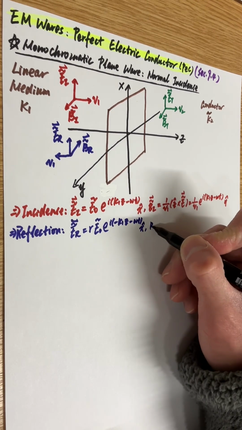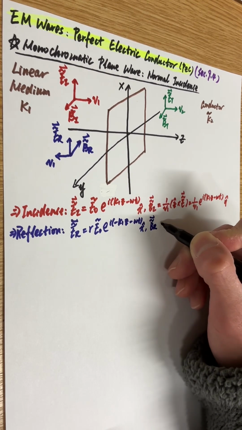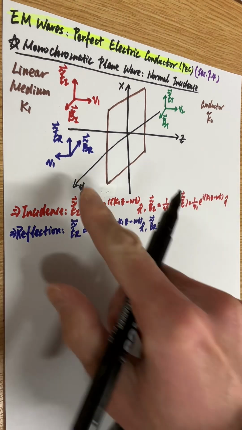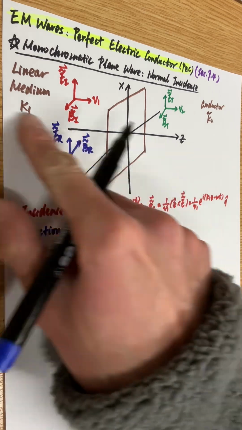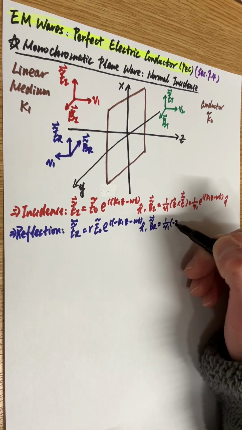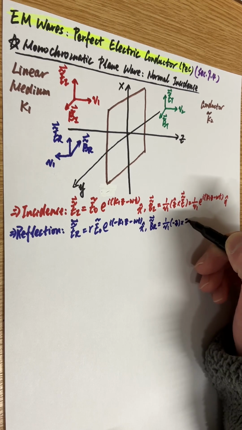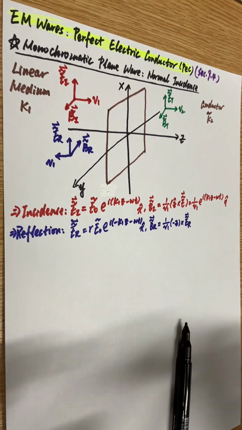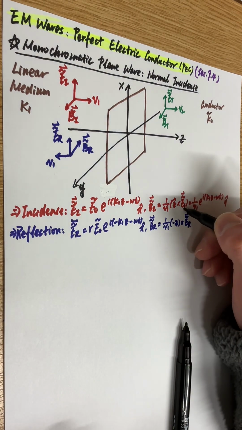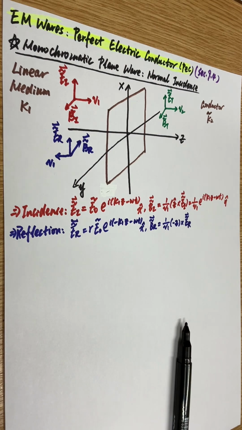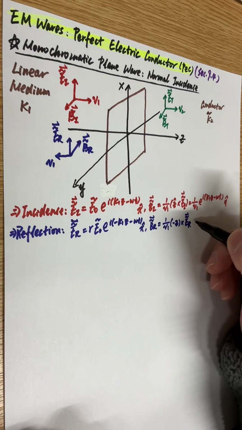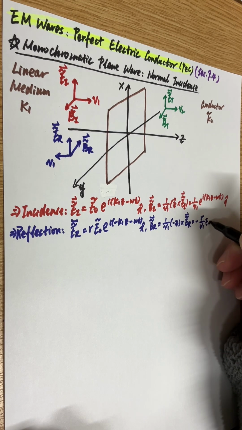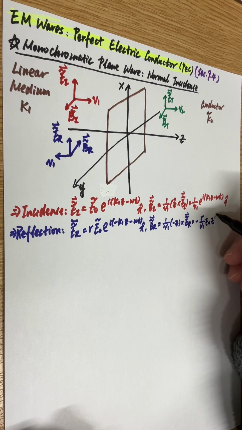And then we have the B field. This is equal to 1 divided by V1, and then the propagation direction is minus z, so minus z cross the E field. We have E_R here. I forgot to indicate here we have E_I. Okay, so this would equal minus R divided by V1, and then E0, and then E_I.